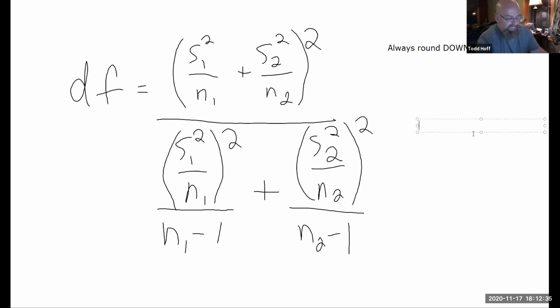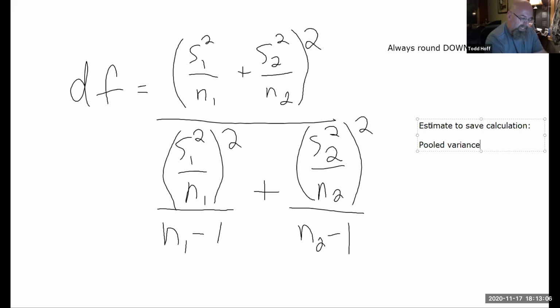Now, if you're using technology, this is a long calculation. If you're calculating it by hand or even with a calculator, you really don't want to go through that process very often. So if you're doing this without technology to run the test for you, there is an estimate that saves a lot of work, and it is called pooled variance or pooled standard deviation.